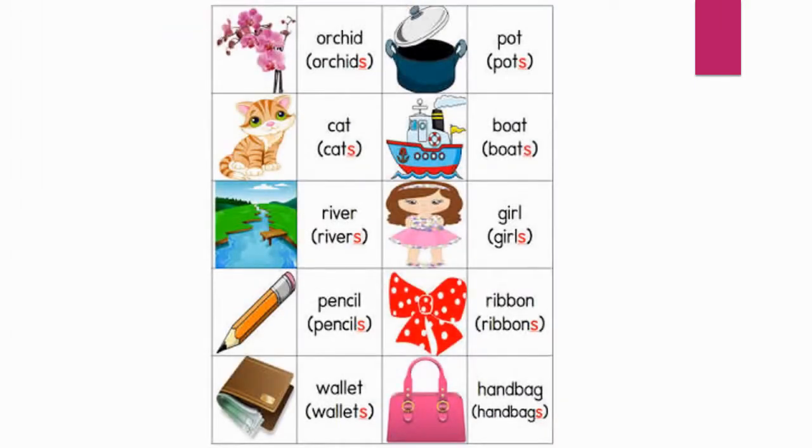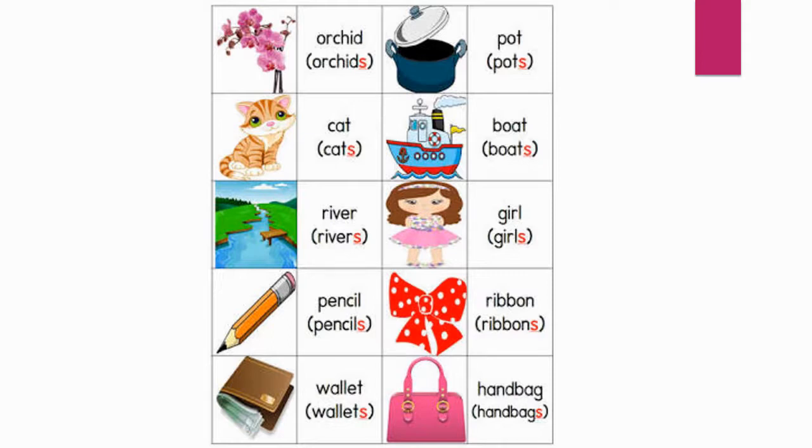Let us go next. Here you can see different types of pictures. The first picture is of an orchid. The plural form of orchid is orchids. Pot, plural form pots. Cat, plural form cats.